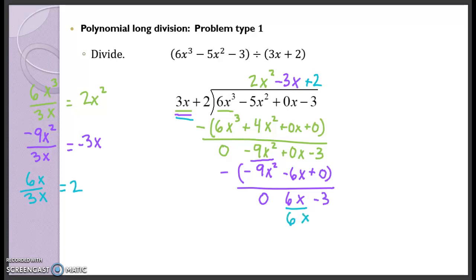And then 2 times 2 is 4. 6x minus 6x is 0, and then negative 3 minus 4 is a negative 7. So negative 7 is our remainder.